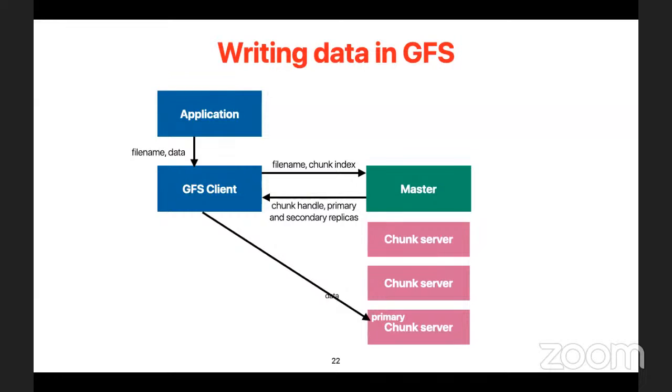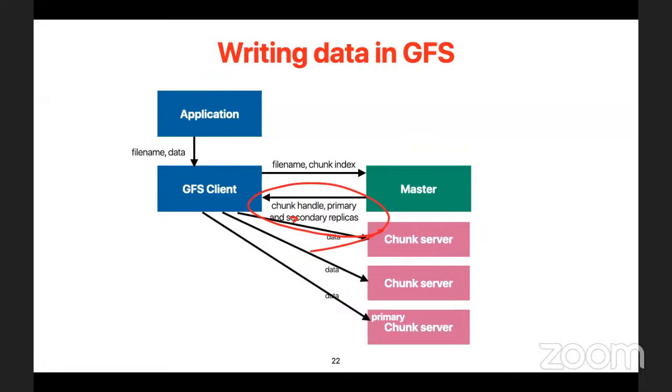And one thing that is different is that, because the client wants to be off the hook as soon as possible, the client also sends data to the other chunk servers, and it's done. The replication is done in this way: the client sends data to the locations that the master server asks it to.